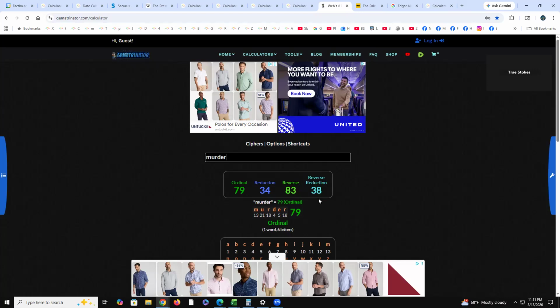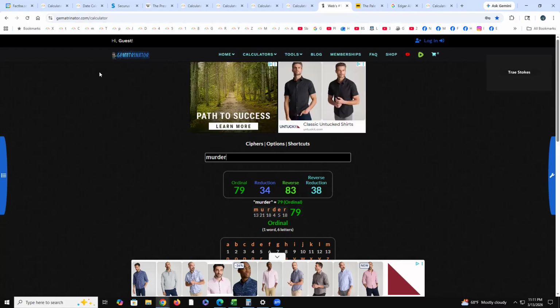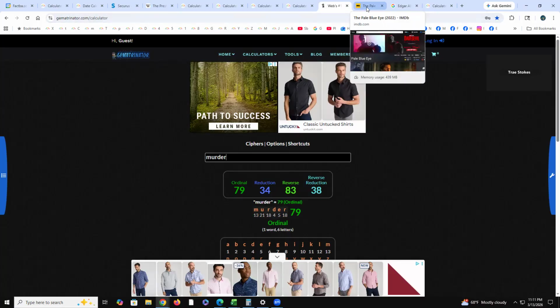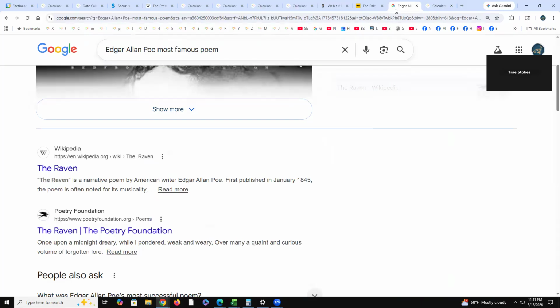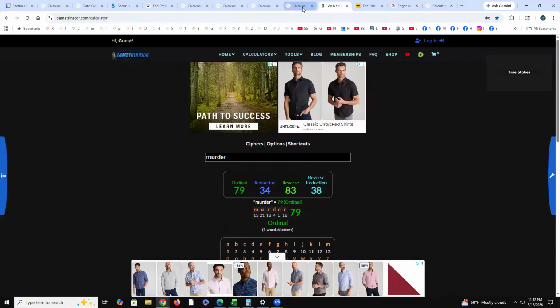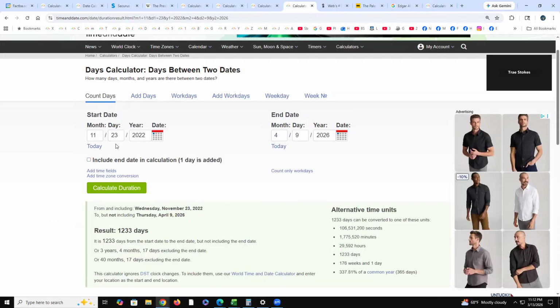Murder, 38, reverse reduction. You see the 83 points scored in the basketball game the other night. There's your 83. That's why they did it. They did it in Miami because UFC Miami will be taking place on the rising day. This is what they do. This is how they do it. We think we've got our date. We sure do. Why wouldn't we with everything we're seeing?